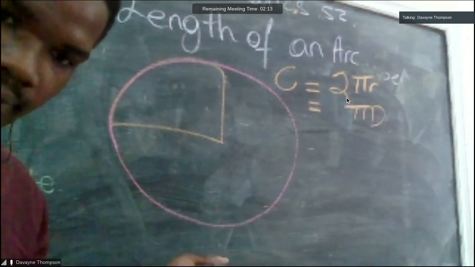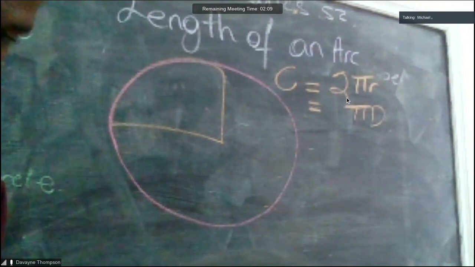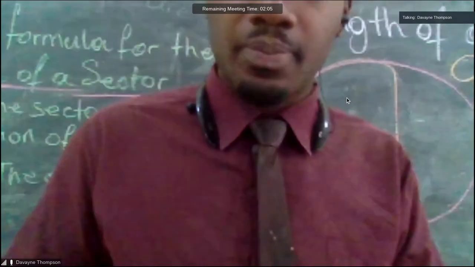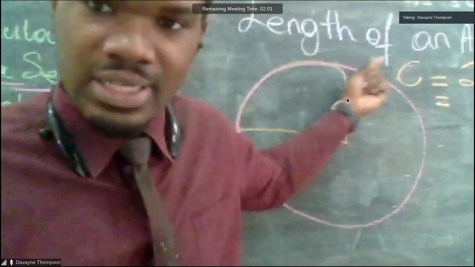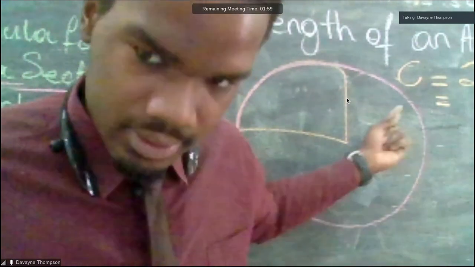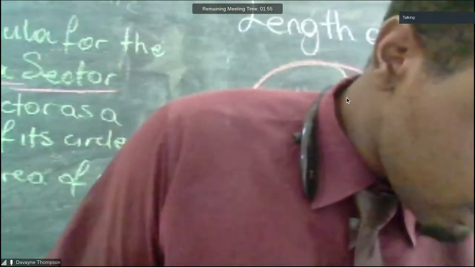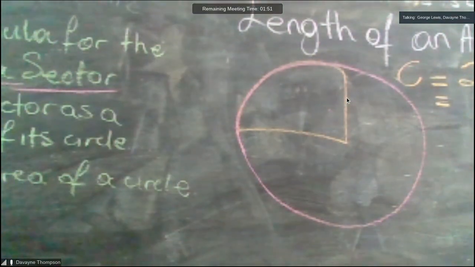Right, everybody? I want to make sure you guys are paying attention. What did the circumference say? Circumference is the distance around a circle, right? Yes. So pay attention for me now.